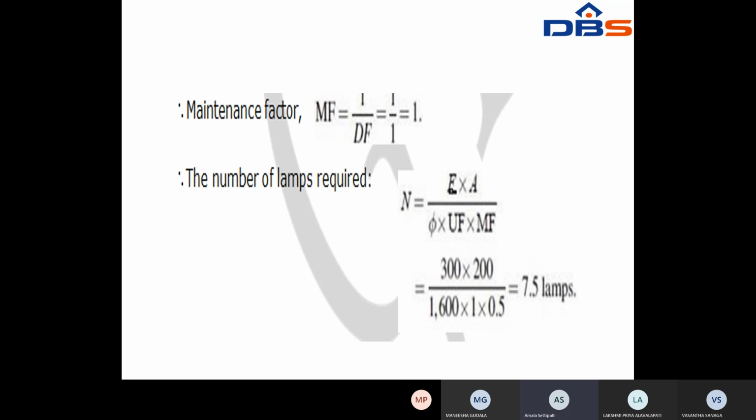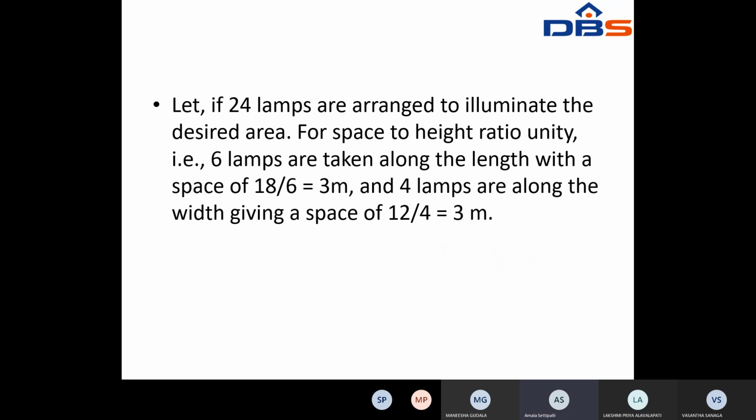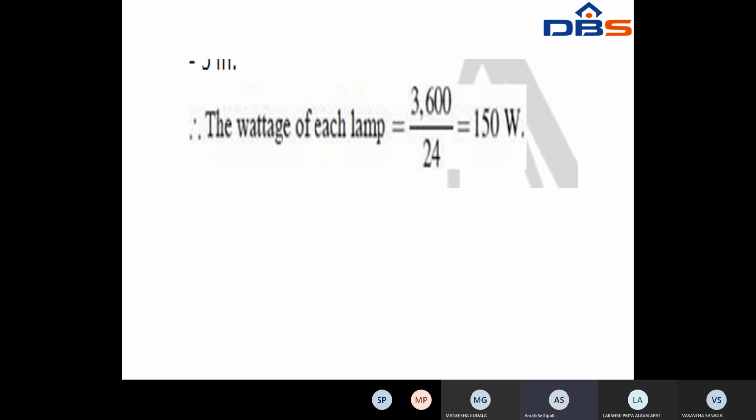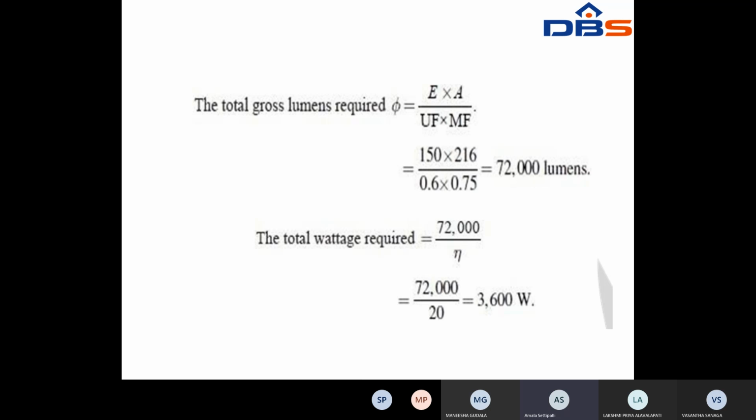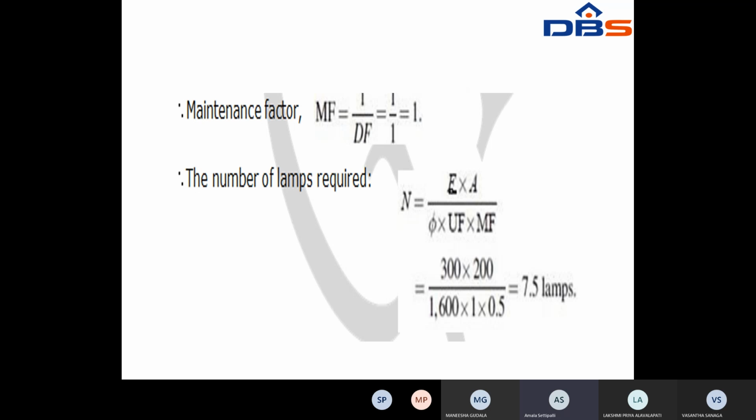That means approximately how many lamps are required for the room? 7.5 lamps, so approximately you can use 8 lamps. This is one of the simple problems asked for 5 marks or 2 marks. All of you note down this one also.